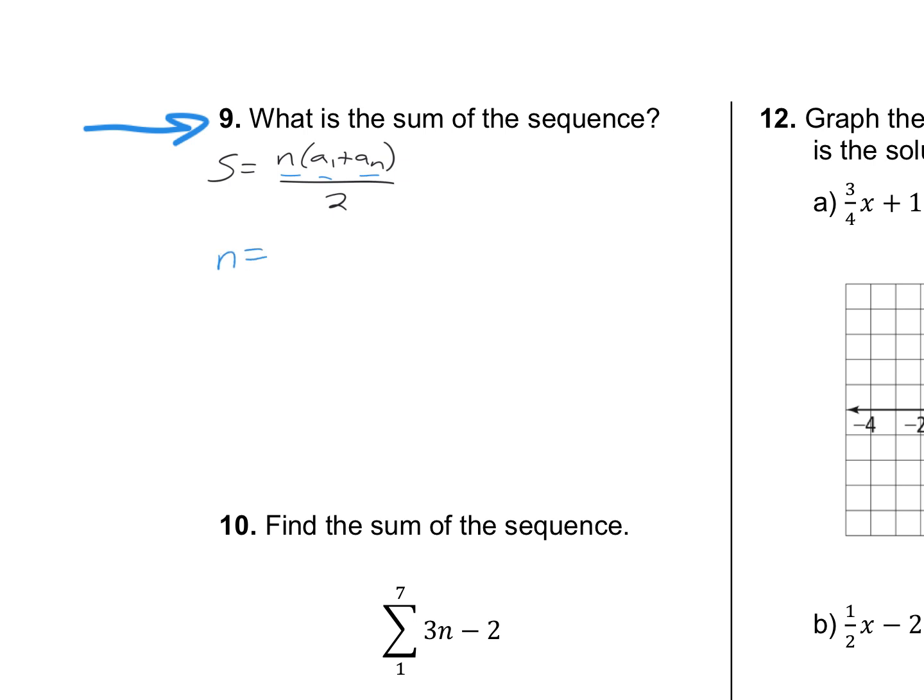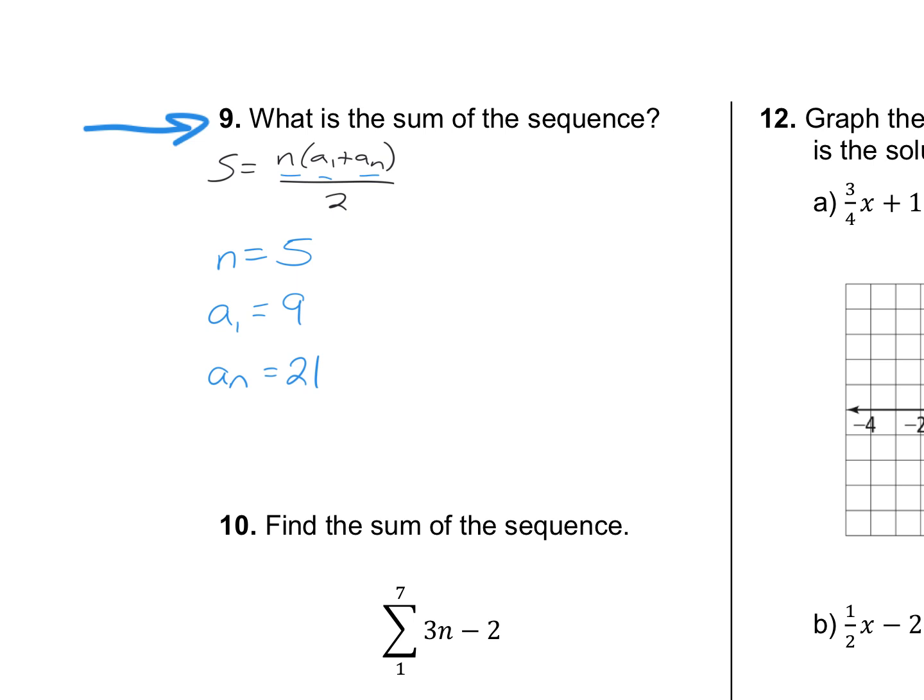N stands for the number of terms, 5. What was my A1? 9, the first term. An, what does that stand for? The last term. What was the last term? 21. The sequence does continue to go on, just like we found the 50th term, but I want you to just use the numbers that I gave you for this question. So our last term was 21. Now do we have everything?